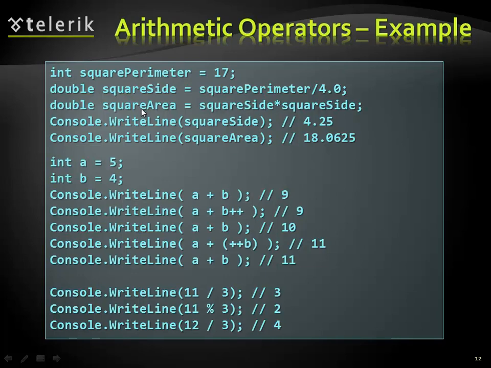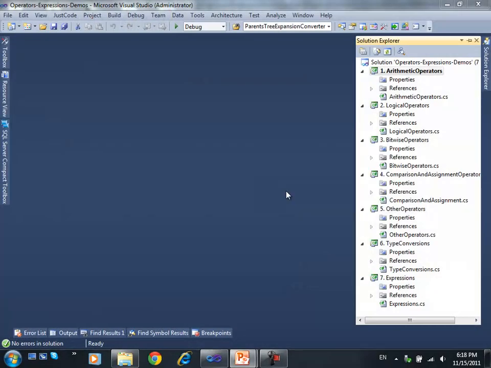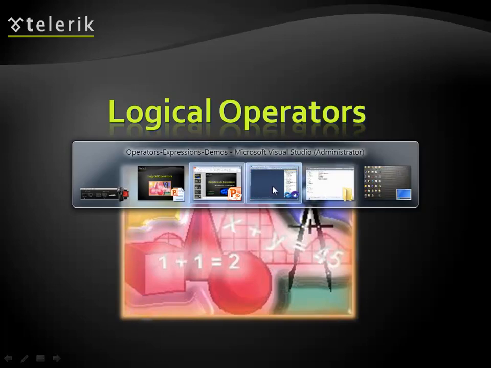Then we're taking that result and multiplying it by itself. I think it would be better to see it live and maybe to debug it and see how these things act.